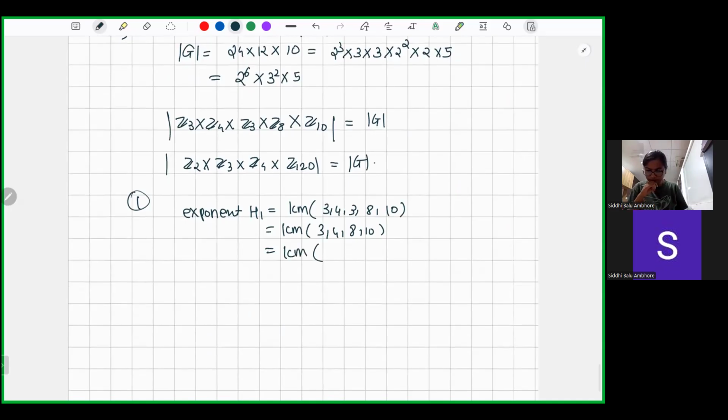And this is LCM of 3, 2 square, 2 cube, 2 into 5.